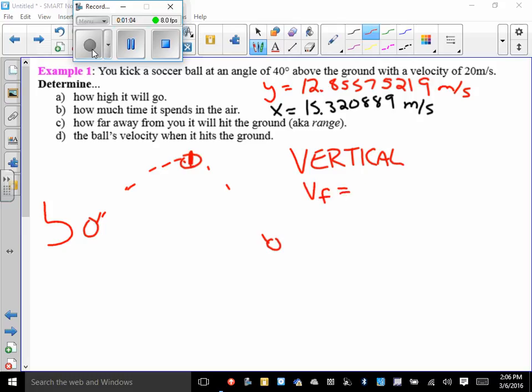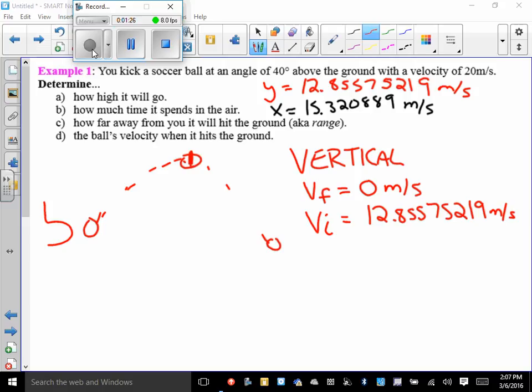It's going to stop. And my initial velocity in the vertical component is 12.855. That's its velocity in the vertical component.